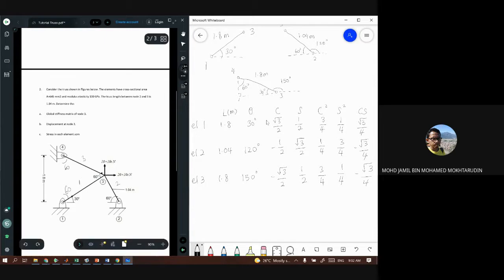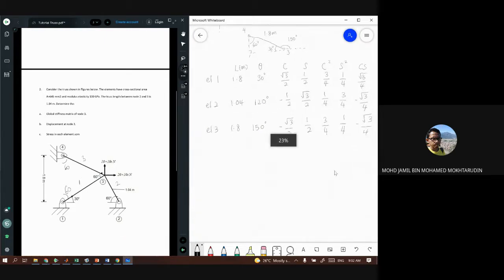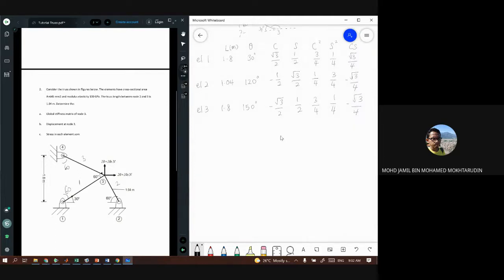Okay, now we have the table. Then we can calculate the stiffness for each element. Okay, so let's calculate for element 1.